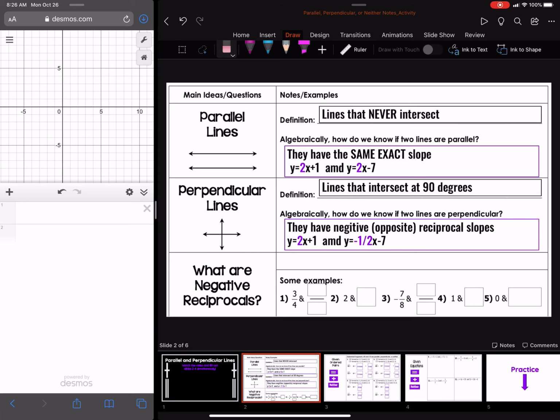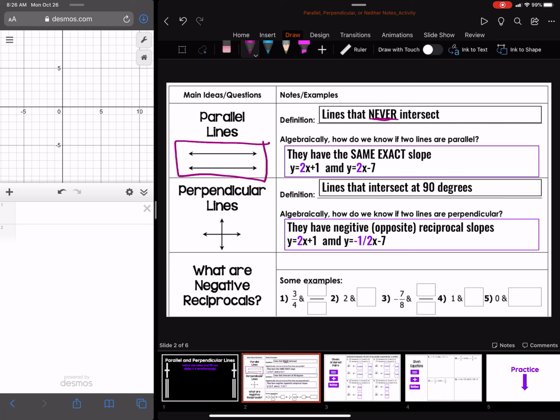We're heading into our very last thing in our unit today, and we're going to be talking about parallel and perpendicular lines. Parallel lines are lines that never ever intersect, meaning they'll never cross each other's paths. They'll go on and on forever in infinite directions, and they will never cross each other.